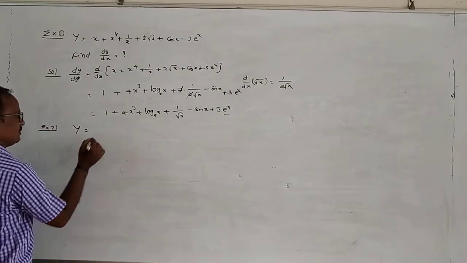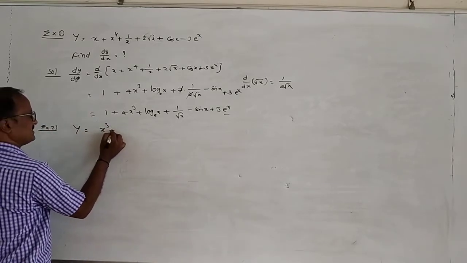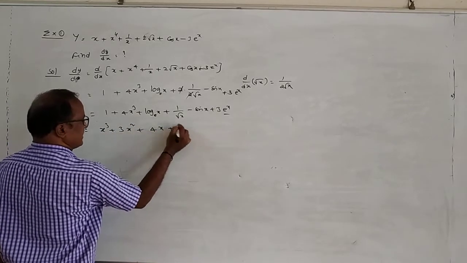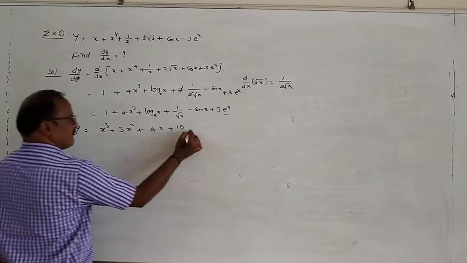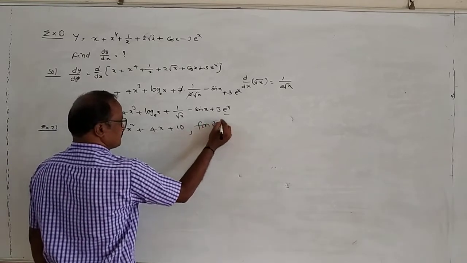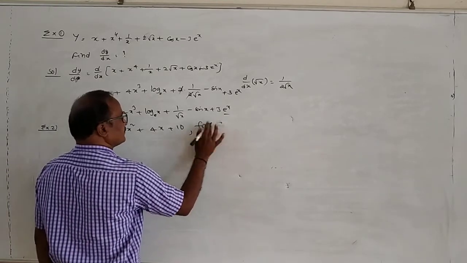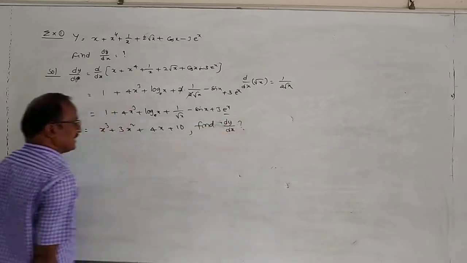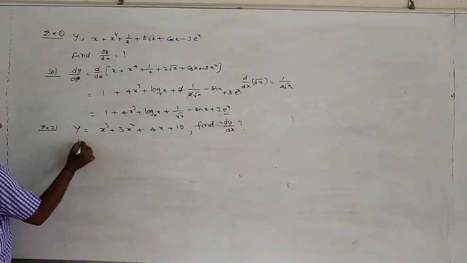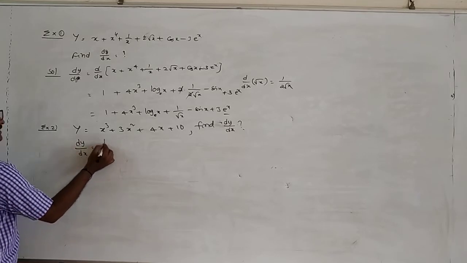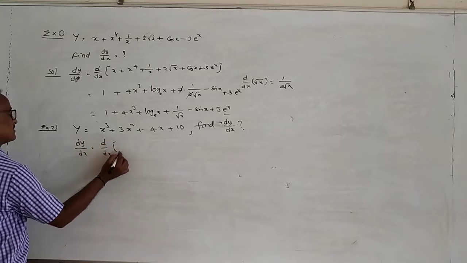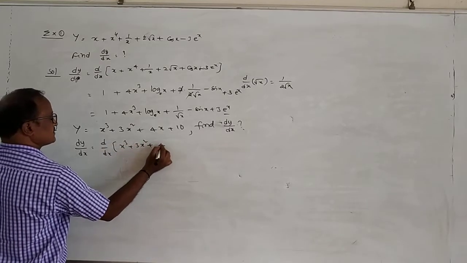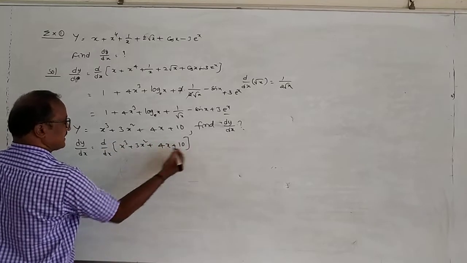Suppose y is equal to x cube plus 3x square plus 4x plus 10, then find dy by dx. Dy by dx is equal to dy by dx of x cube plus 3x square plus 4x plus 10.